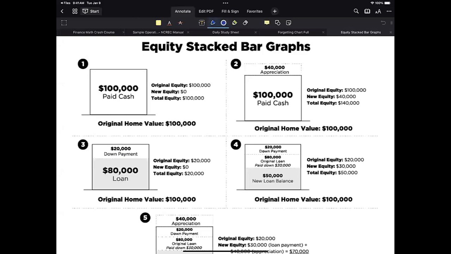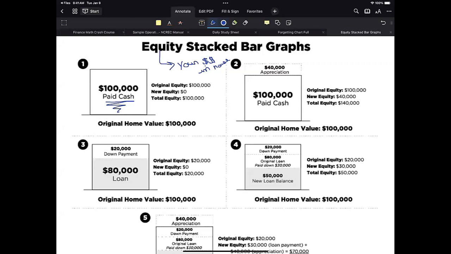So let's pretend you buy a house and you pay $100,000 in cash. Well, let me first define equity. Equity is your money in something. I'm going to call it in a house. Meaning, if you sold it tomorrow, how much of that money could you keep versus how much of the money could you give to the bank?